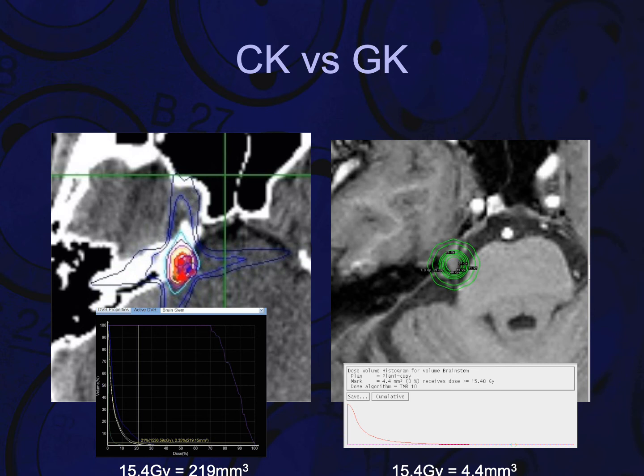So with the 6 MV plan, the 15 gray volume is about 219 cubic millimeters within the brainstem, while if we look at the 15 gray volume in the brainstem for the Gamma Knife, it's just 4.4 cubic millimeters. So that's 40 times lower volume in the brainstem.